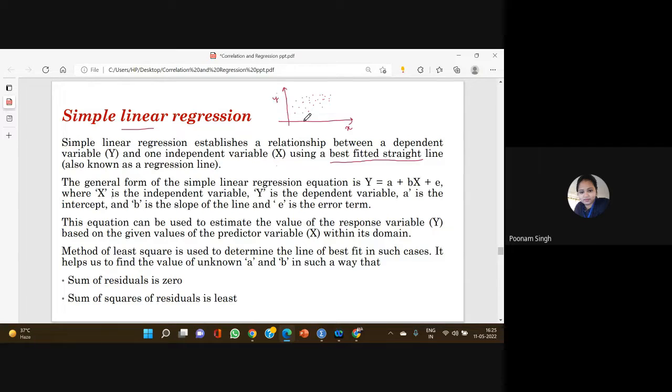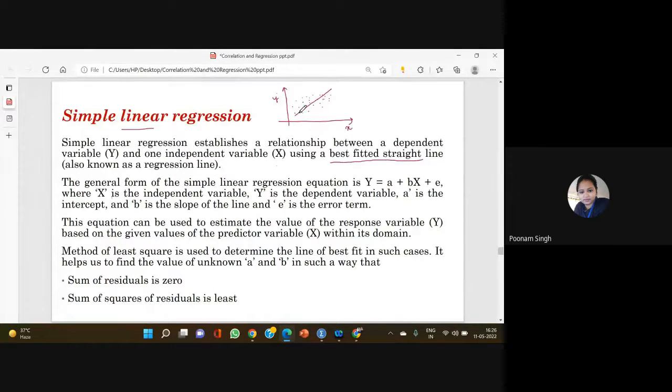But regression tells you that if the value of x increases by 1 unit, then how the value of y is changed. Now, if the value of x is varied, then how those changes are being seen in the value of y. This is what we study through the simple linear regression. And this is being studied through a best fitted straight line.